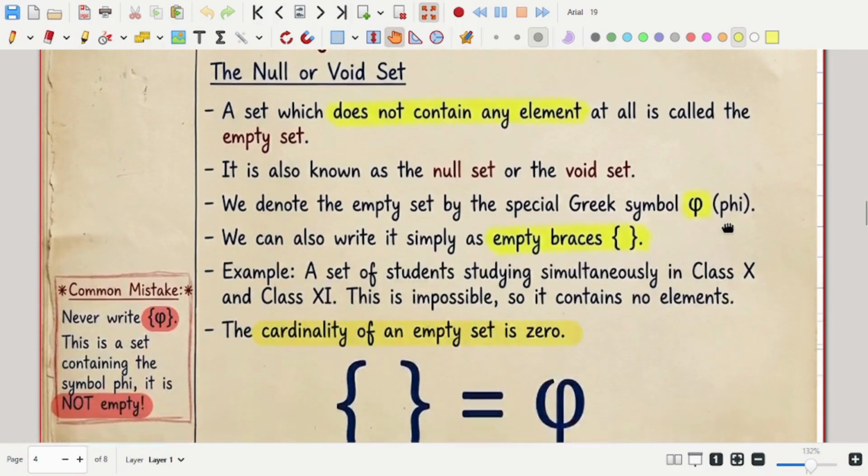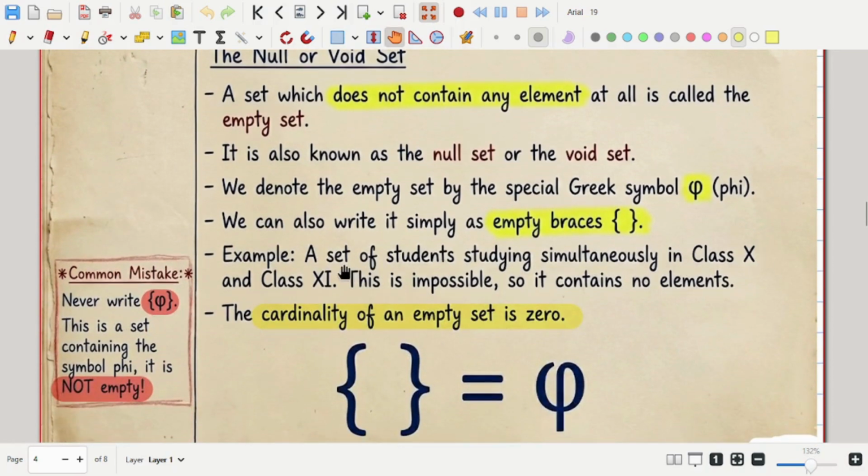The example of an empty set is a set of students studying simultaneously in class 10 and class 11. This is impossible because a student cannot study in class 11 without passing class 10. Therefore, it doesn't contain any element. As it doesn't contain any element, the cardinality of the empty set is 0.